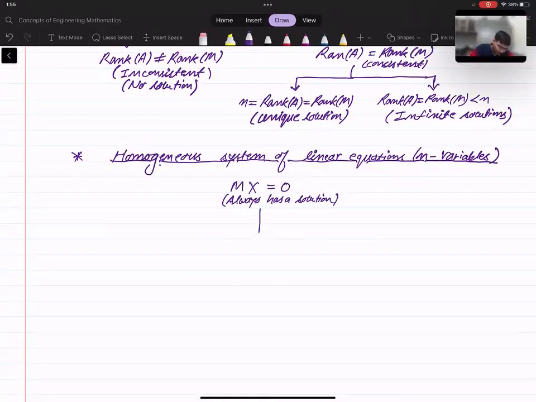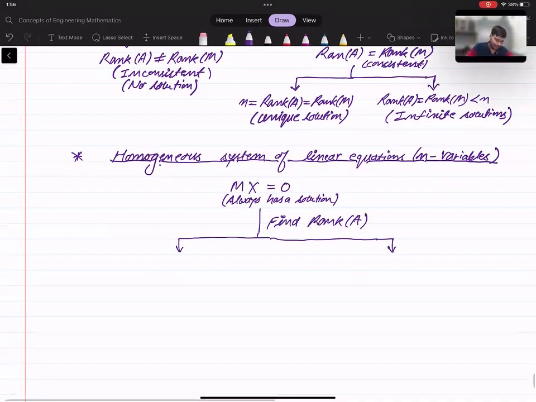Now to check the consistency, find the rank of A, that is the augmented matrix. There will be two cases only: either trivial or non-trivial.